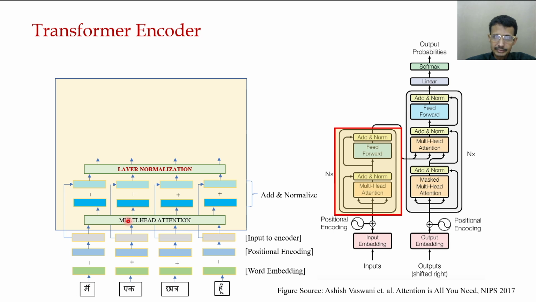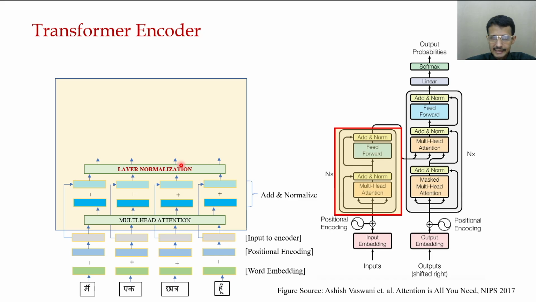Next comes the layer normalization. See that these layers are normalized. This layer normalization is basically used so that we make it more robust.